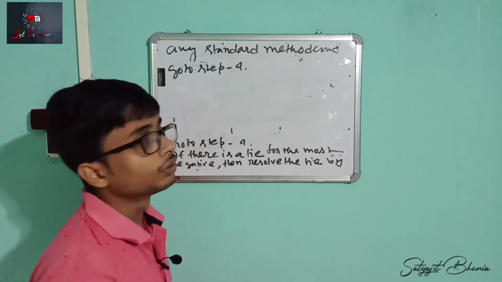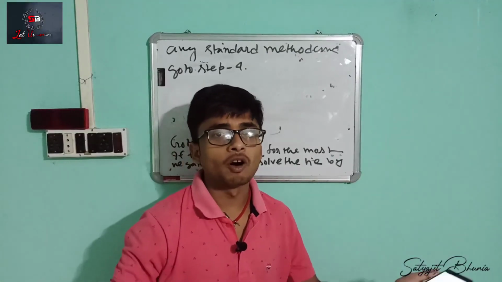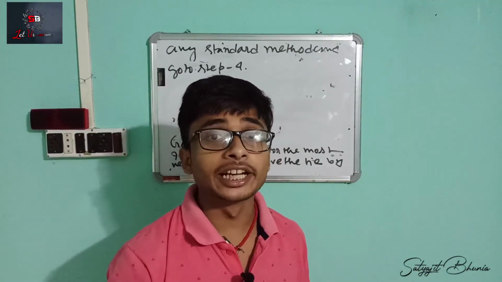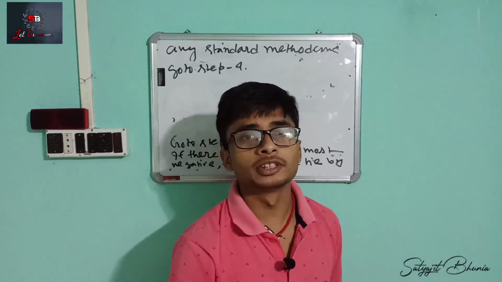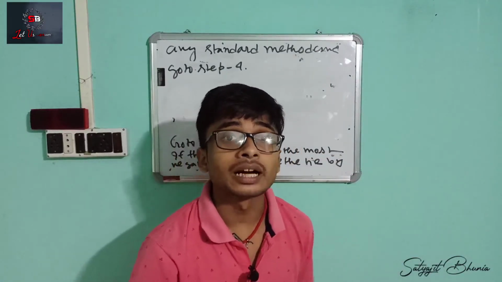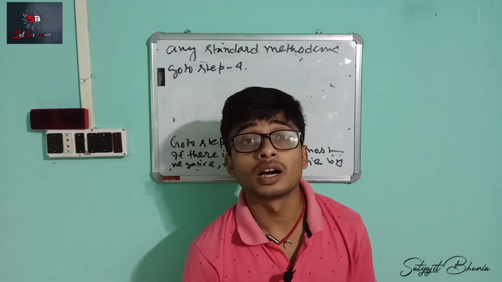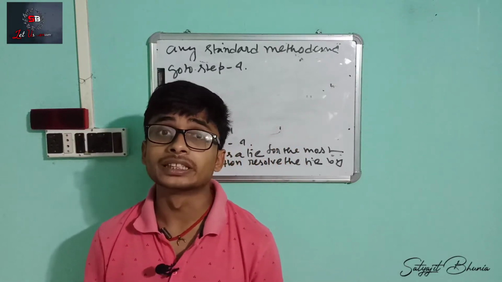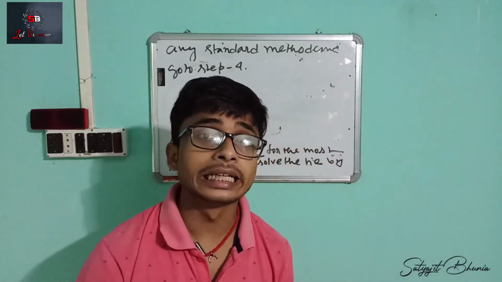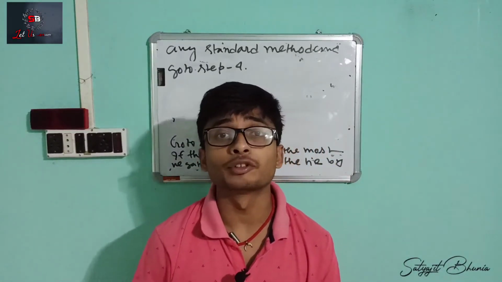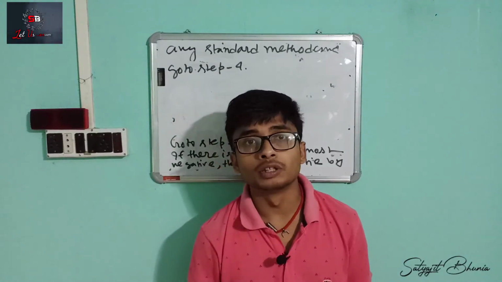Okay, so in step 3 we will compute the zj minus cj. If all zj minus cj is greater or equal to 0, then we will stop there, because the current basic solution gives the optimal basic feasible solution. If one of the zj minus cj is less than 0, then we have to find the most negative among them.